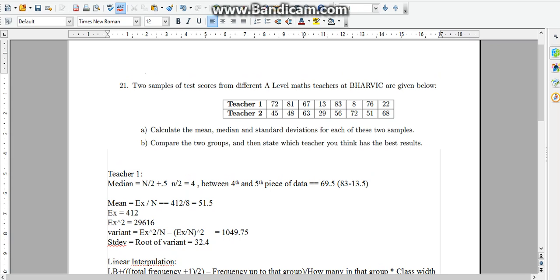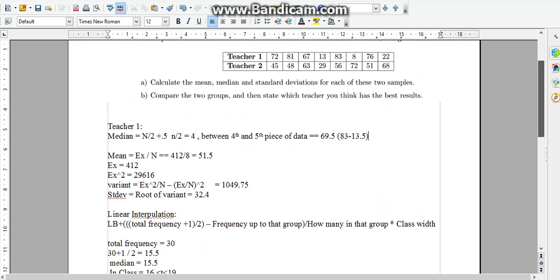So here it's between this one, 13 and 83. So you do 83 minus 13.5, which is 69.5, and that would be the median. And you might be wondering why it's 13.5, and that's just because 13.5 is kind of like the upper bound of what it could be. It's quite strange there, I know.